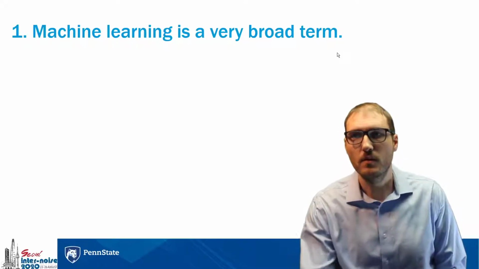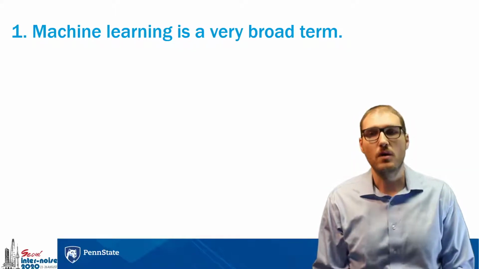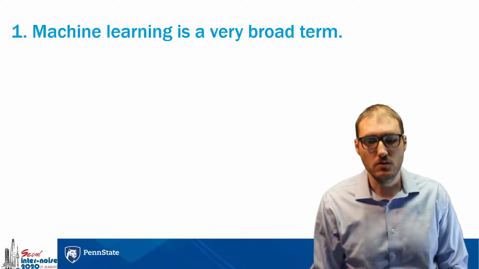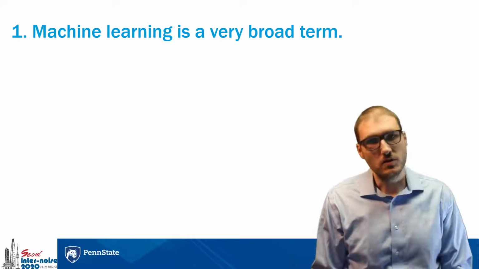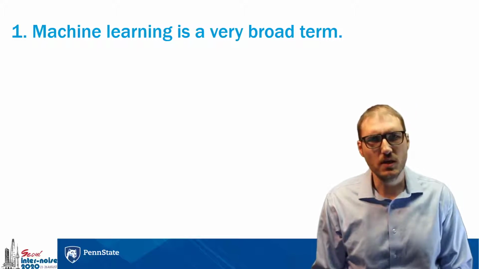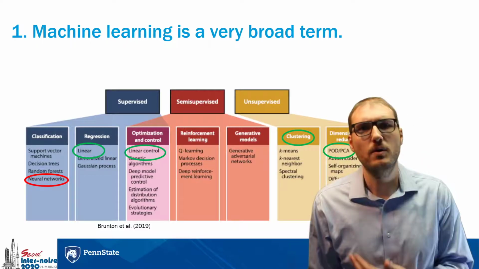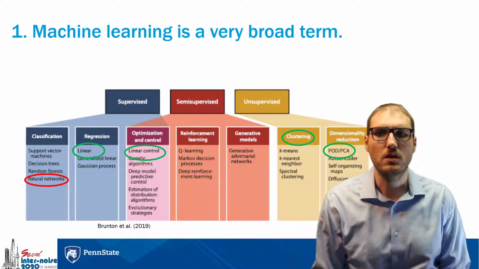So first of all, machine learning is a very broad term, and a lot of folks use machine learning and artificial intelligence and neural networks kind of interchangeably. But here's a figure from Steve Brunton and Nathan Kutz from University of Washington.